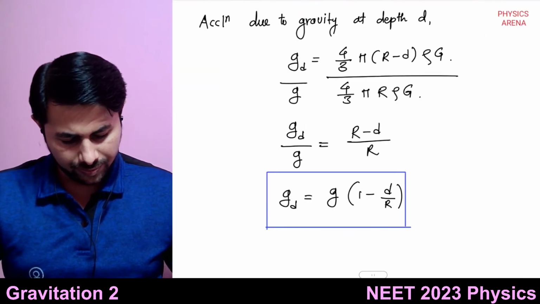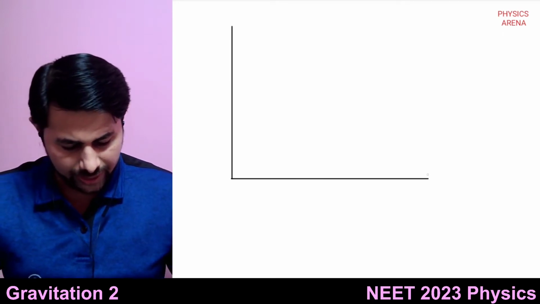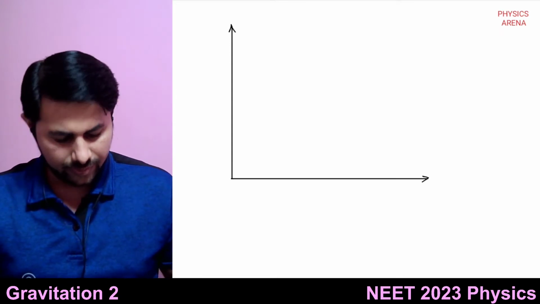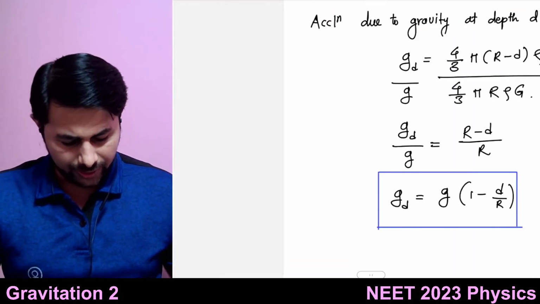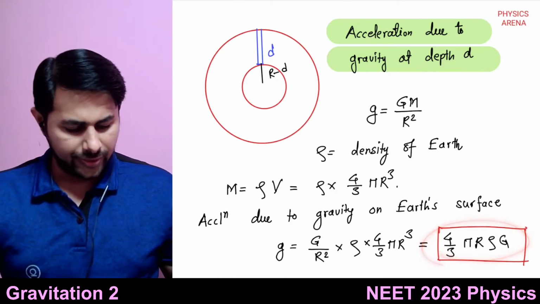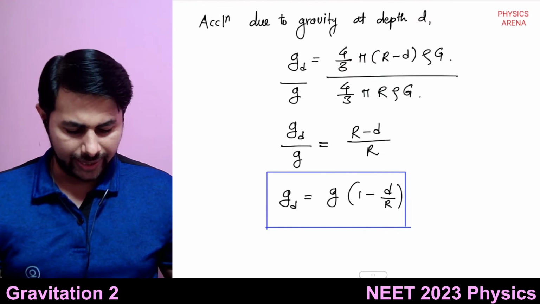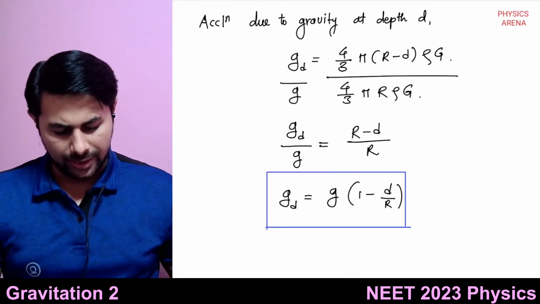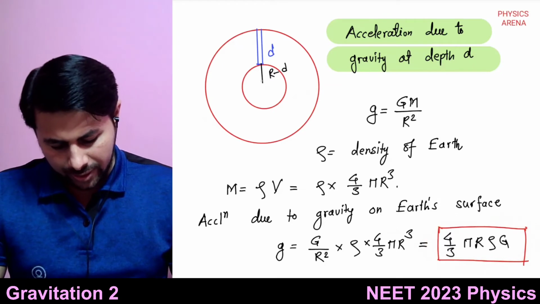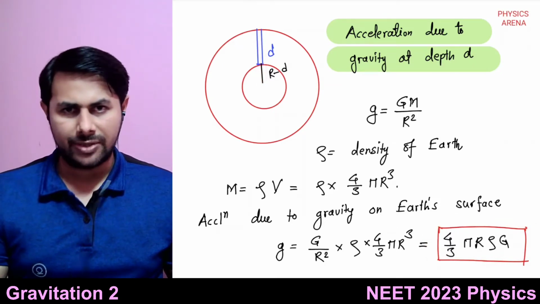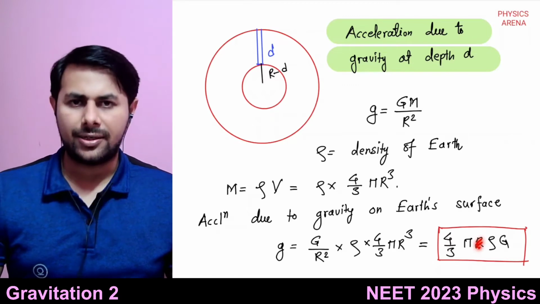Now, if I want to plot acceleration due to gravity versus distance: if you consider this formula and go to some depth, the radius of the sphere will change, so you have to just change this r.